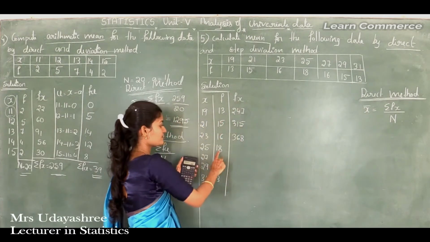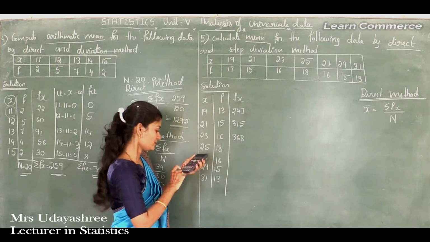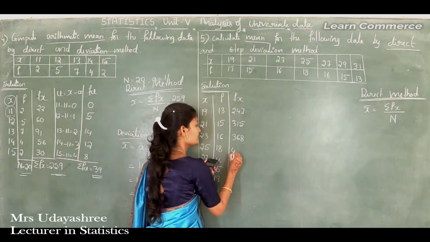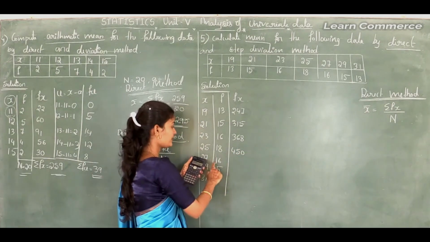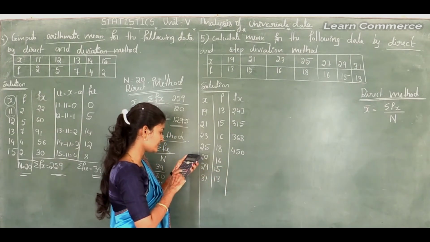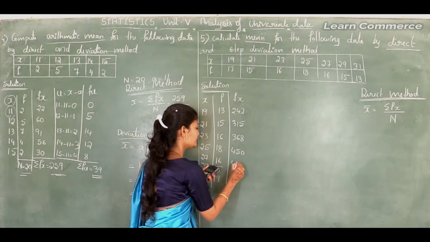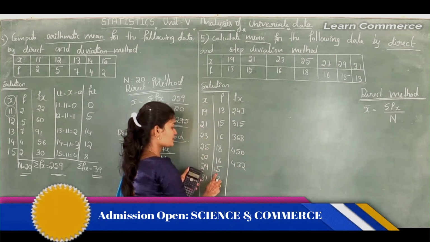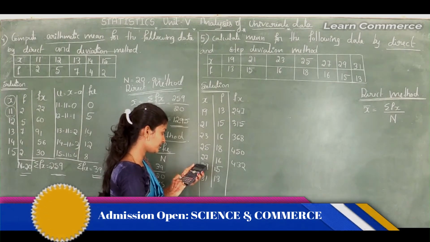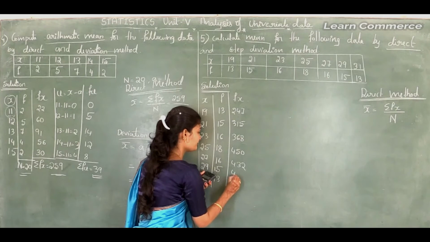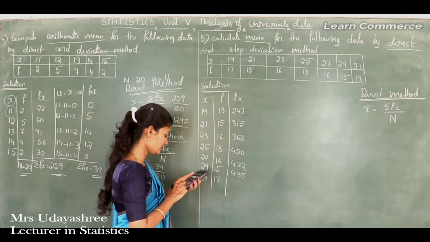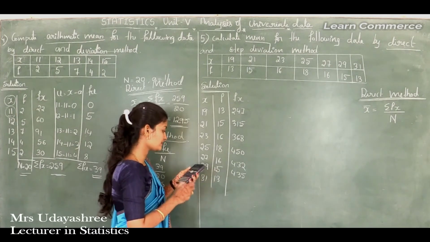Next f is 18, x is 25, so 25 into 18 is 450. Next x is 27, f is 16, so 27 into 16 is 432. Next f is 15, x is 29, so 29 into 15 is 435. Next f is 13, x is 31, so 31 into 13 is 403.